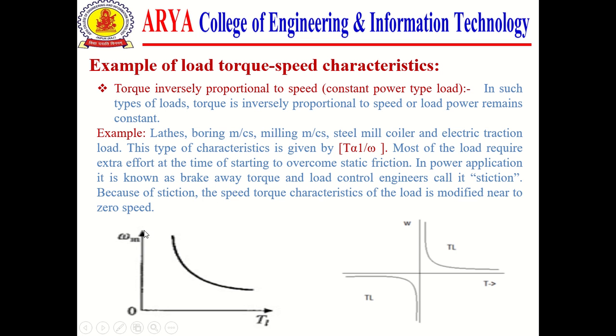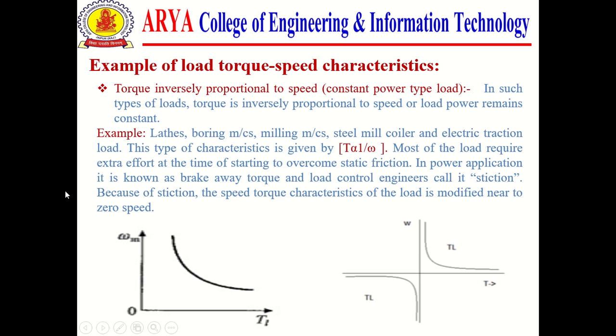This characteristic is given by the relation T directly proportional to 1 upon omega. That means torque is inversely proportional to speed. Whenever speed is reduced, torque is increased. Whenever speed is increased, torque is decreased.